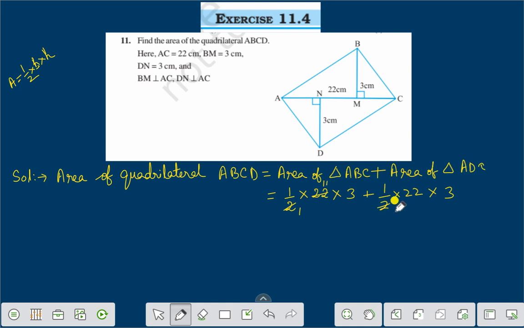Here also 2 11 22. Or you can find it here as 3 into 11, that is 33. 33 plus 3 11 33. 33 plus 33, that is equal to 66. The unit is centimeter square.